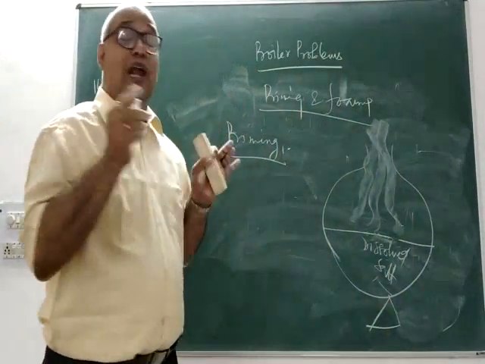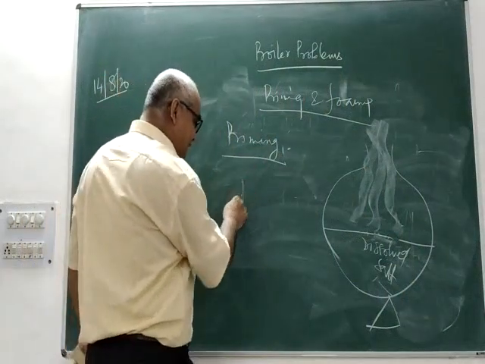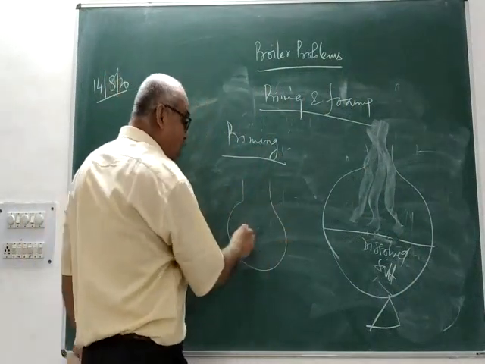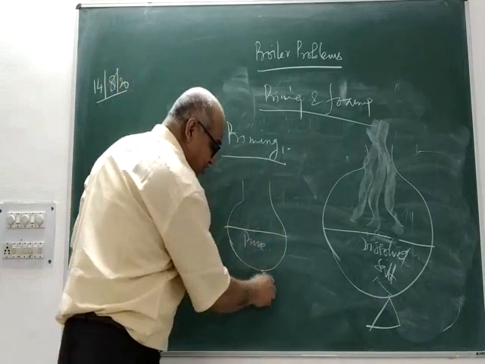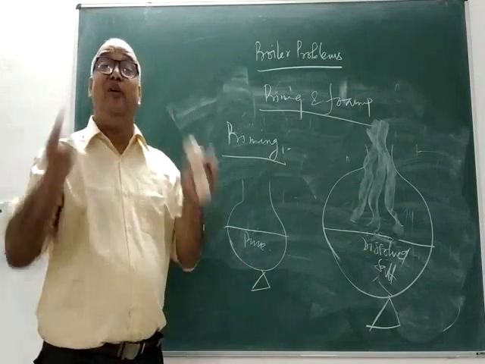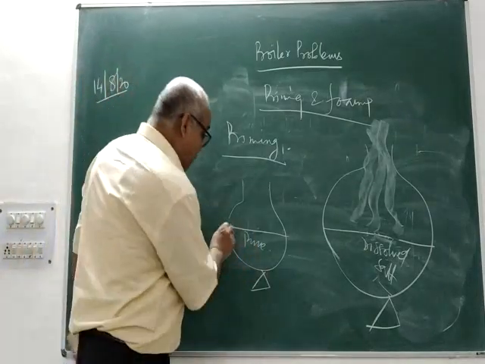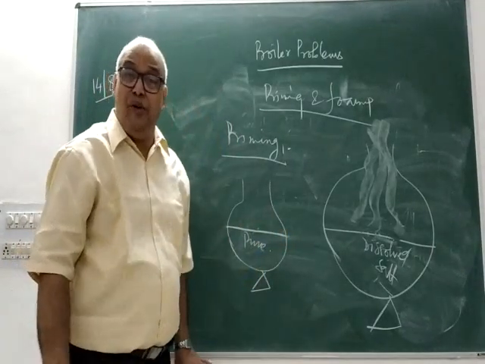Here I would like to tell you another example. Suppose it is another container, pure water is taken, pure distilled water, say. Now heating is started. After some time it will start boiling, and if you carefully observe, you will see something on the surface of the water layer. What will you see?